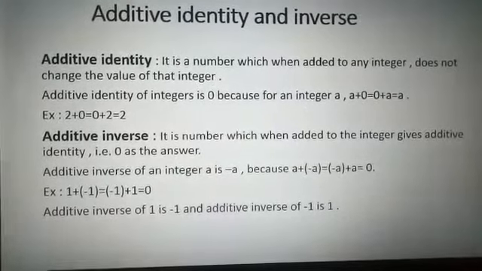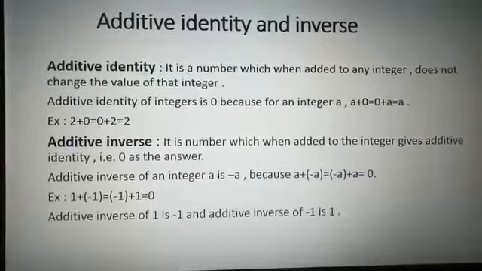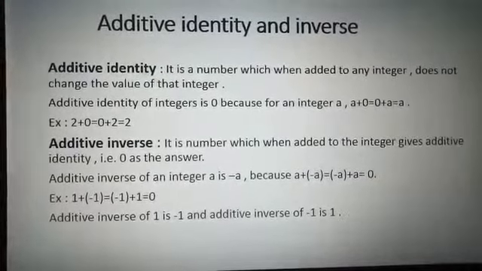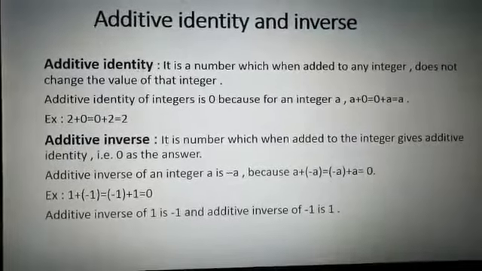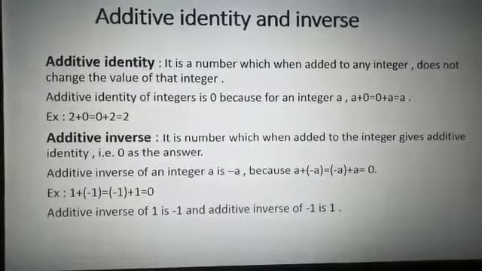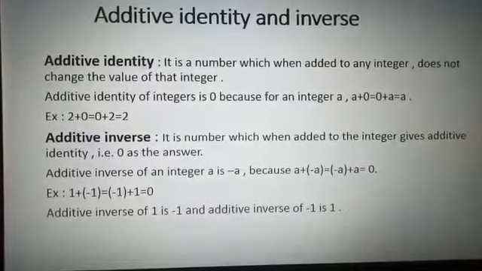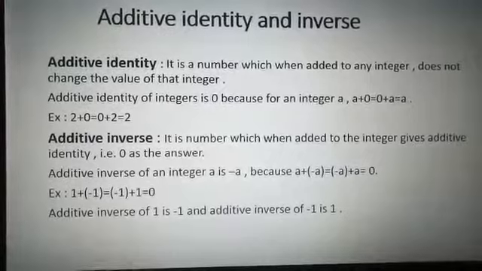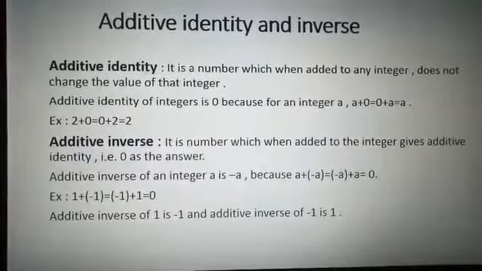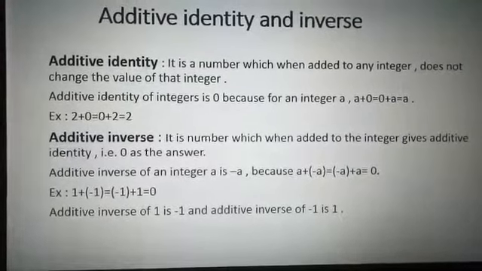That means if we take 1 as the number, then its additive inverse will be minus 1. We only have to take the opposite of that number. If we take a positive number, then the negative number will be its additive inverse. That means additive inverse of 2 is minus 2 and additive inverse of minus 4 is 4. Only change the sign.